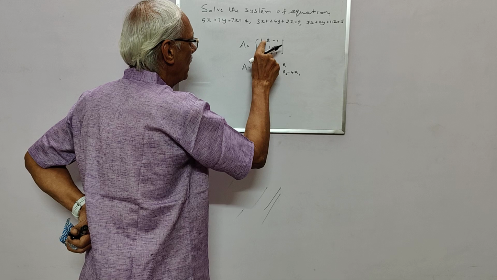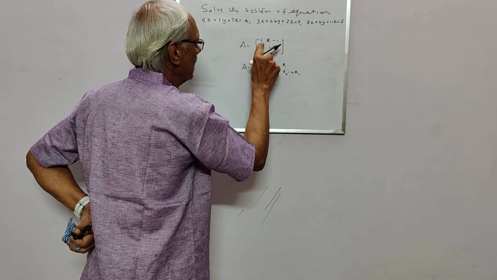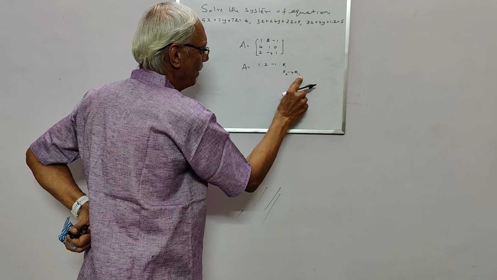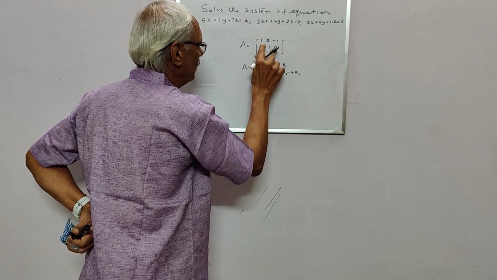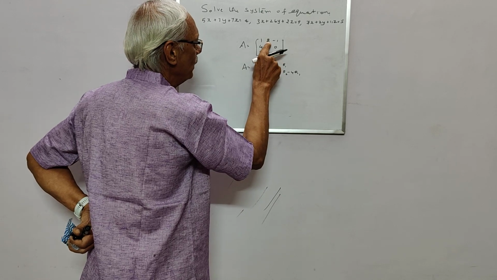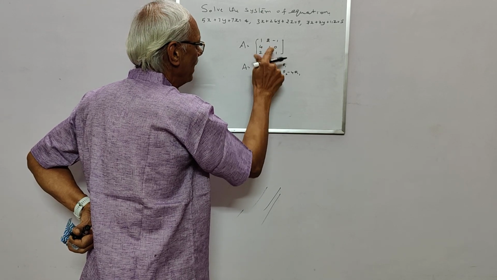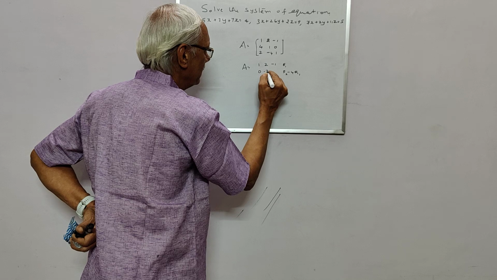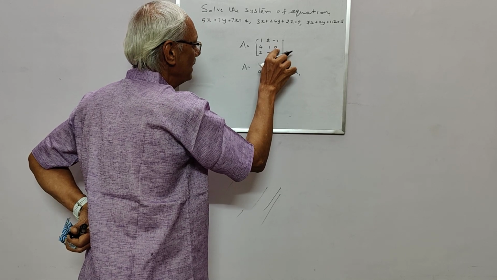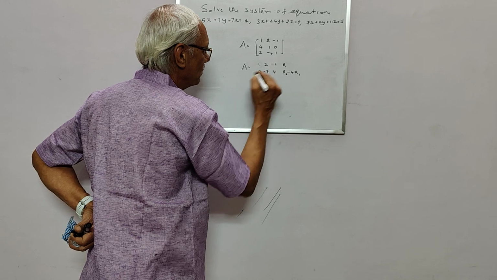What does it mean? Multiply this by 4 and subtract. That is 4 into 4, 4 minus 4 is 0. Then 4 into 2, 8, 1 minus 8 is minus 7. 4 into minus 1 is minus 4, take away from this, it is 4.